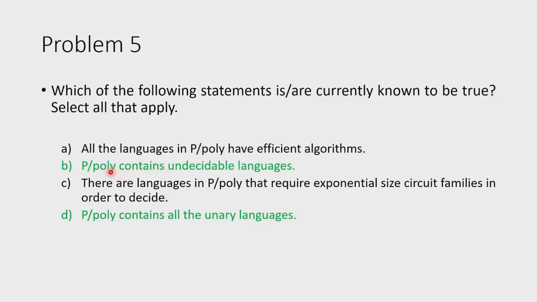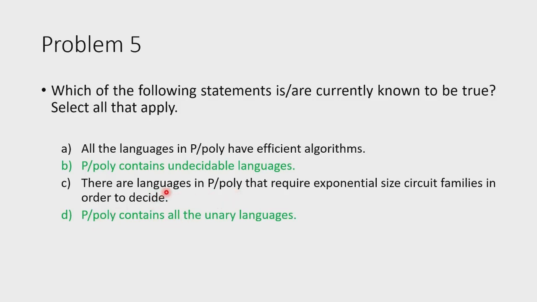Now, first of all, B immediately implies that A is not possible, because you don't even have algorithms for undecidable languages, let alone efficient algorithms. And C essentially says that P/Poly has a hard function, which we still don't know.